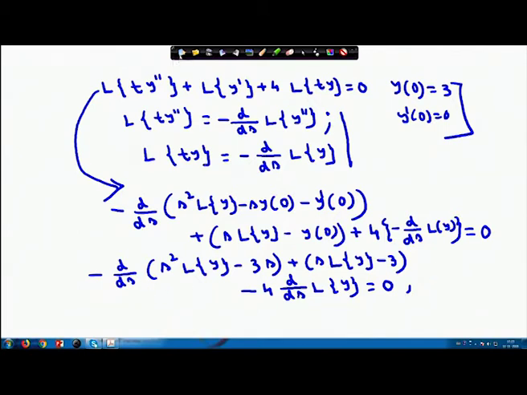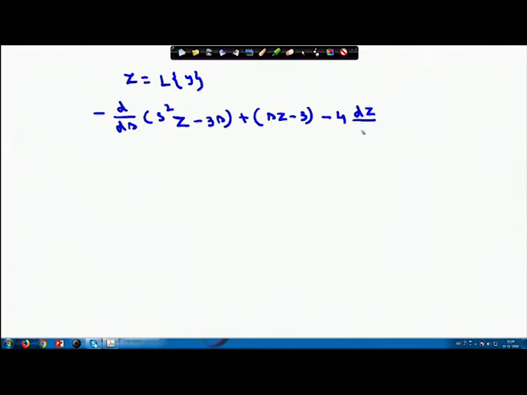In the next step, I am assuming that z equals the Laplace transform of y. Then I can write the earlier equation as minus d/ds of s square z minus 3s, plus s z minus 3, minus 4 dz/ds, equals 0.